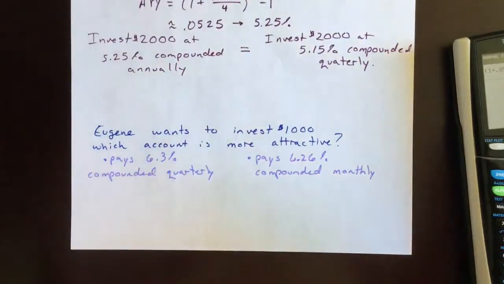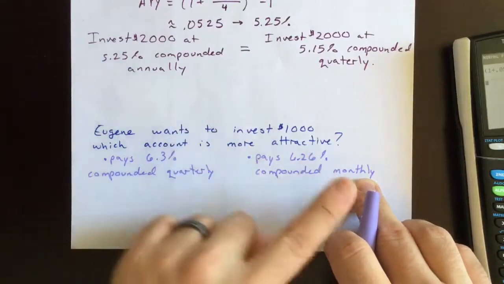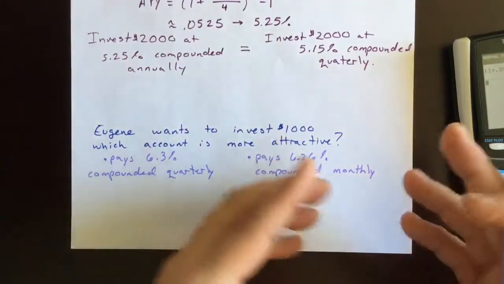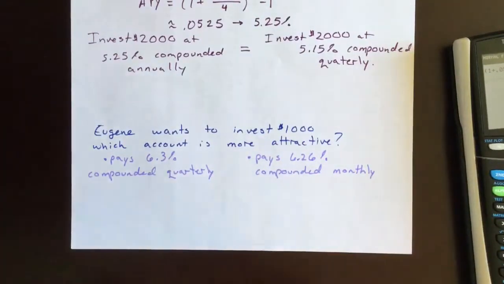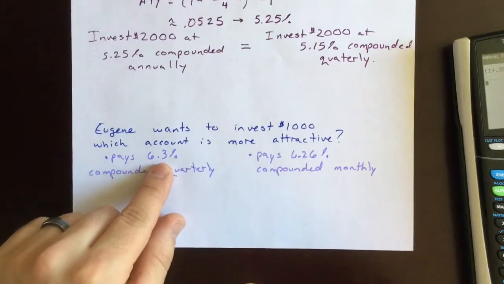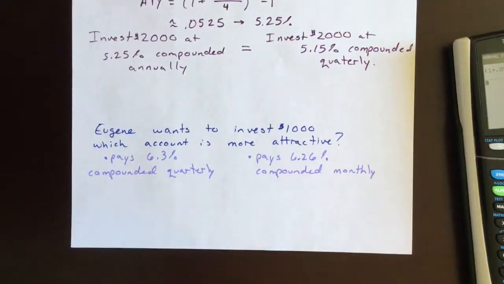Higher percentage, it's going to be better, or compounded more frequently, meaning you gain interest more frequently, monthly, that would be more attractive. Or you might just say, well, I really like this 3. It's a really nice 3, so this is more attractive. Whatever you think, but really, we're going to use the APY to solve this.